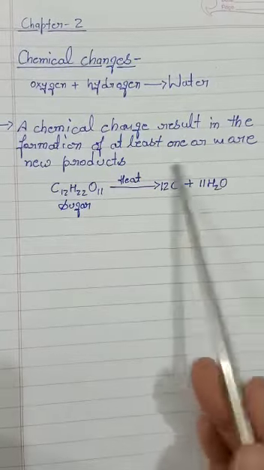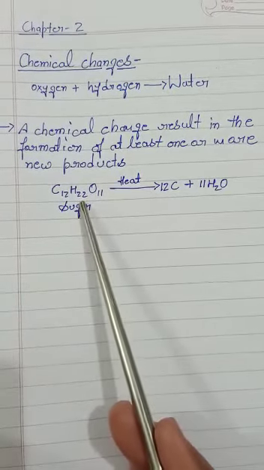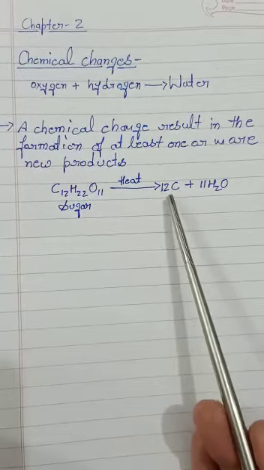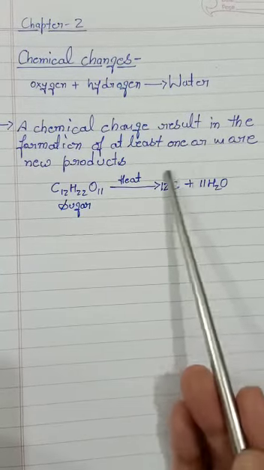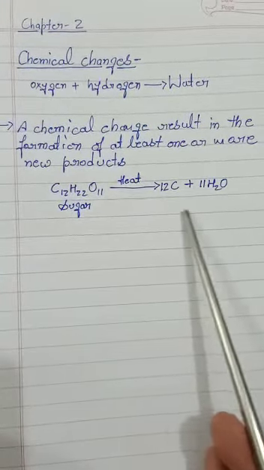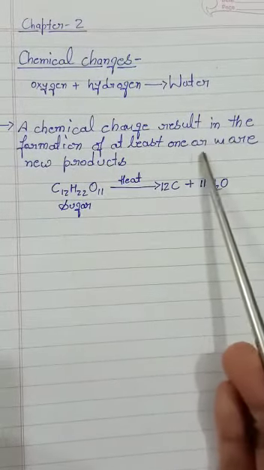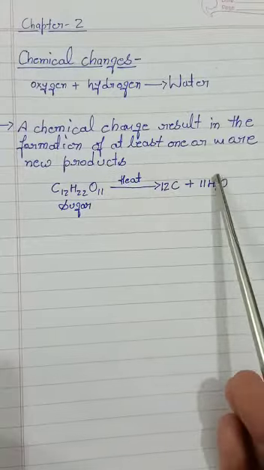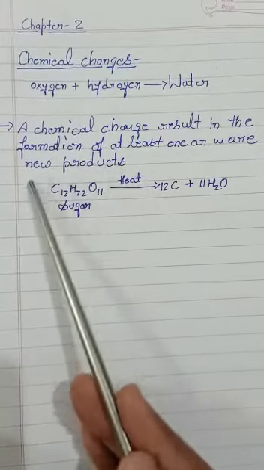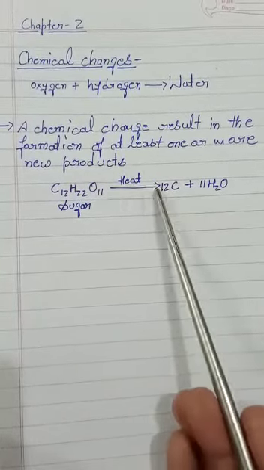So in this example, when we heat sugar, it breaks down into carbon and water vapor, and as these substances are new, we can say that a chemical change results in the formation of at least one or more new products, and thus this heating of sugar is a chemical change.